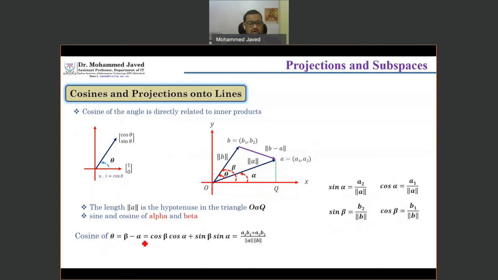We get cos theta is equal to cos of beta minus alpha, which is equal to cos beta into cos alpha plus sine beta into sine alpha, which implies (a1 b1 plus a2 b2) divided by the length of A and the length of B. So cos theta is the dot product of the two vectors, a1 b1 plus a2 b2, which is A transpose B, divided by the lengths of the two vectors. So this is the formula for cos theta.